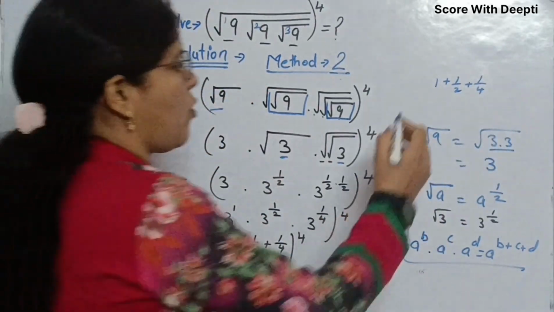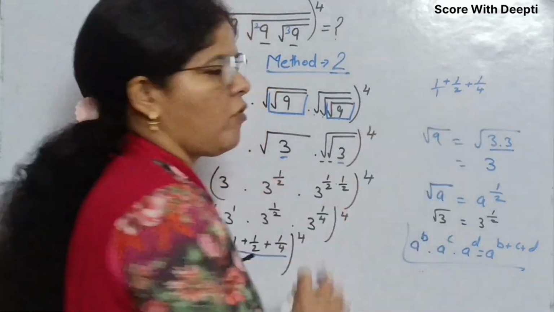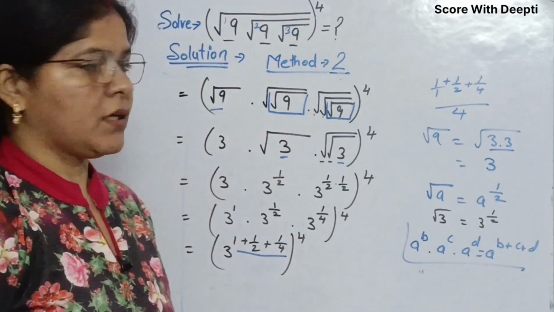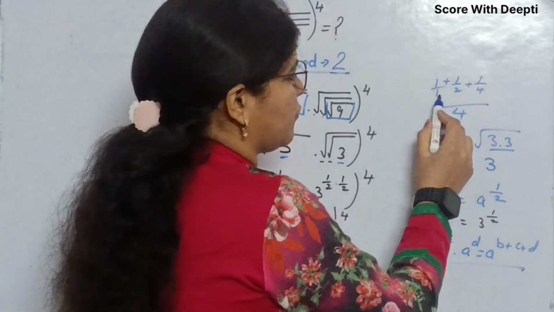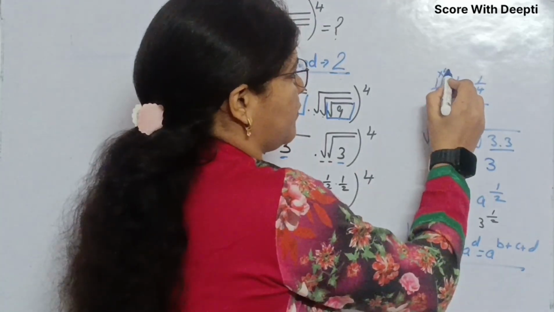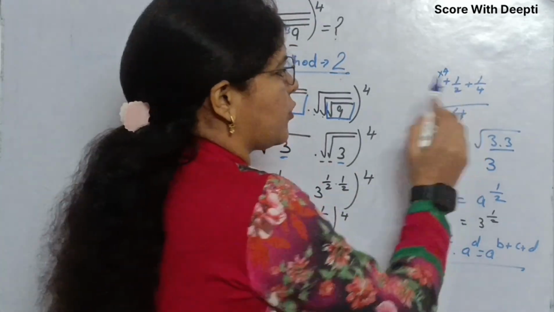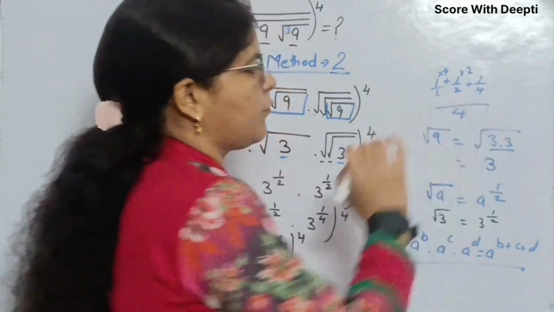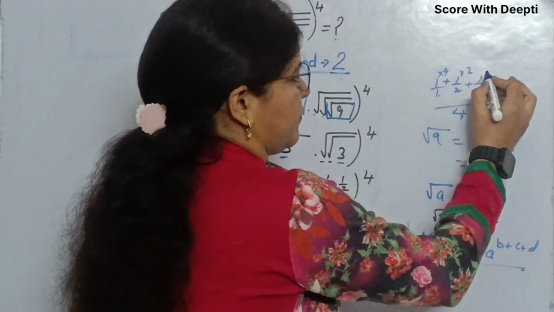We take the LCM of 1, 2 and 4, and after taking the LCM we get 4. Next we divide 4 by 1, we get 4. We divide 4 by 2, we get 2. We divide 4 by 4, we get 1.